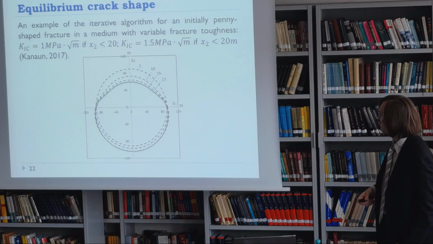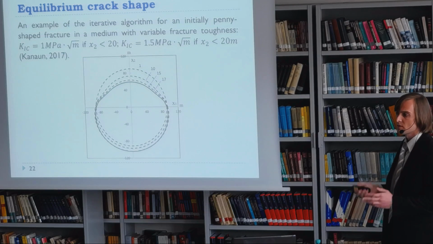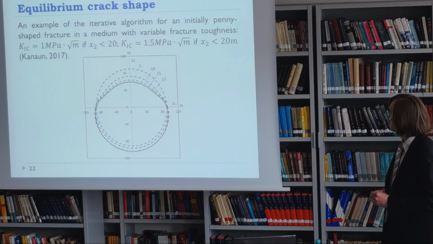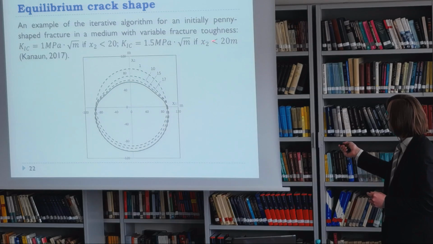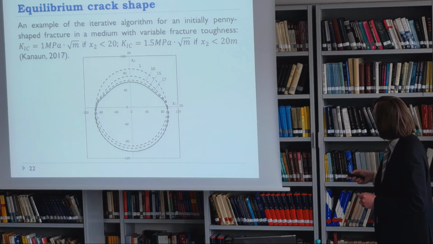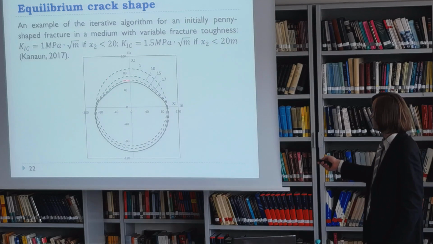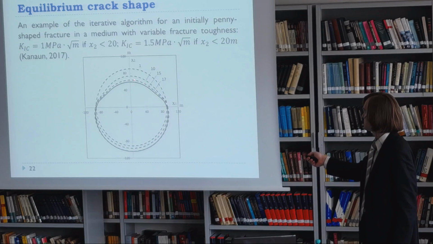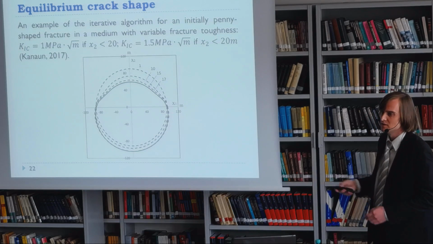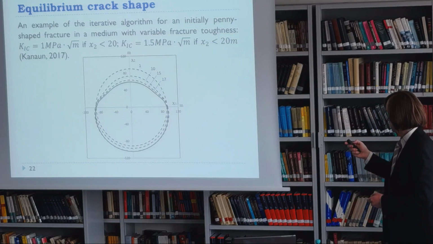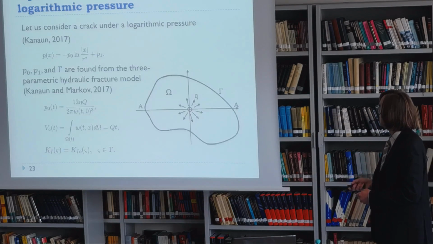Actually, there's an error here. I haven't noted this. Here it should be bigger, of course, because for bigger fracture toughness, the crack should propagate less. So here you calculate this equilibrium crack shape.